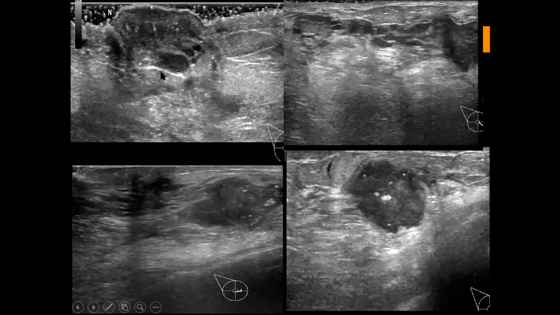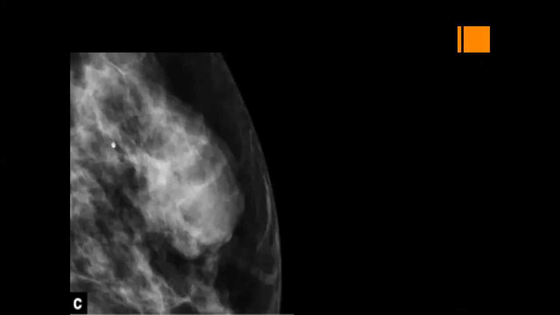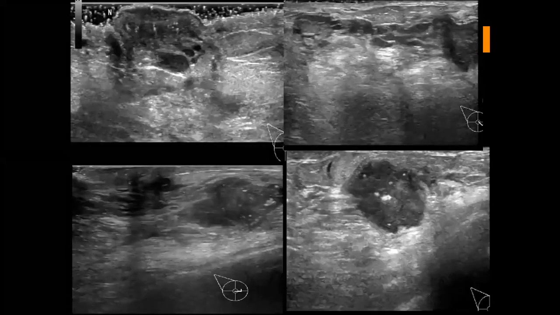All of the features seen in the index lesions are seen within the mass, within the nipple itself. And biopsy revealed invasive cancer, invasive ductal carcinoma.